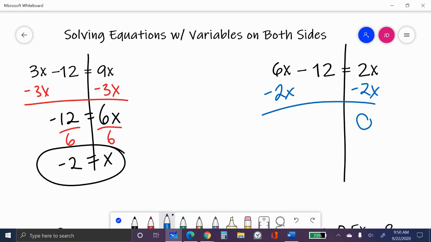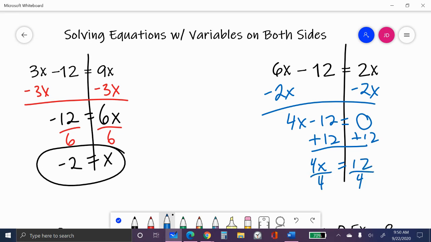It would have to be a 0. And then you would have 4x minus 12, right? And then you would solve this like a normal two-step equation, and you get 4x is 12, and you would still get the same answer at the end. But a common mistake a lot of people make when they do that is they make this disappear and go away when it doesn't.